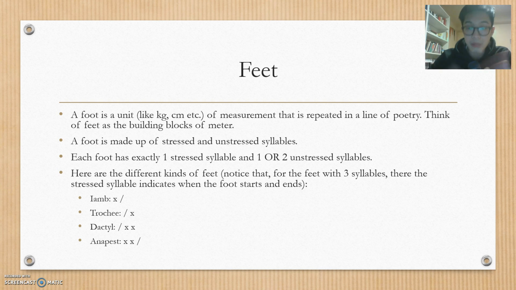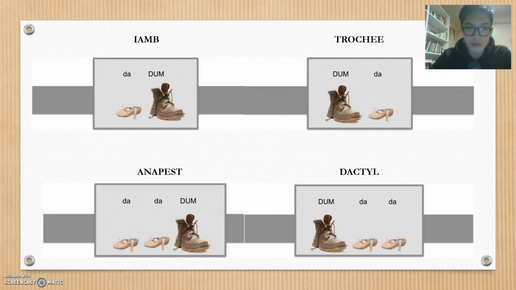Now, if you studied Shakespeare before, your teacher might have mentioned that Shakespeare writes in iambic pentameter, which basically means that he writes in iambs. He writes using feet of unstressed and stressed syllables, and we'll talk about pentameter and all that in a second. So here's a visual way of remembering it: iamb, trochee, anapest, and dactyl.